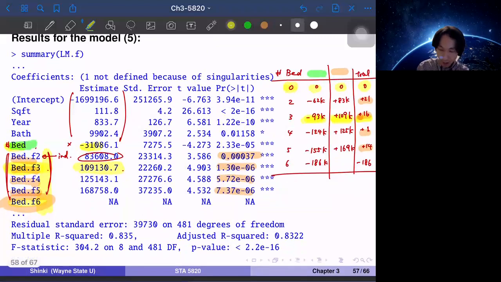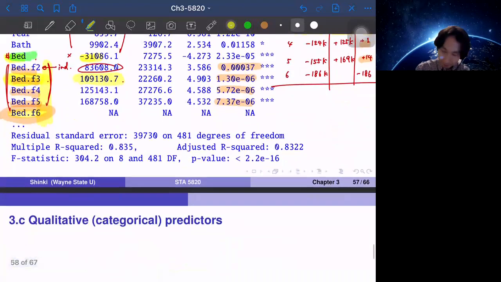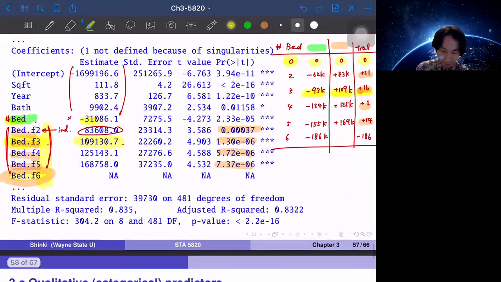So actually this indicates that the number of bedrooms should be between 2 and 5 to have a higher price. But in total, the relationship between the number of bedrooms and the price is not linear.